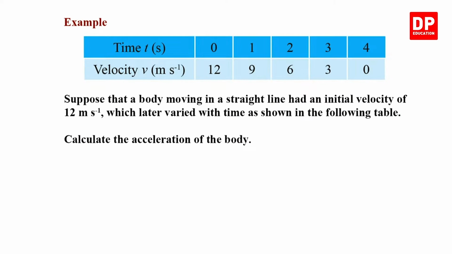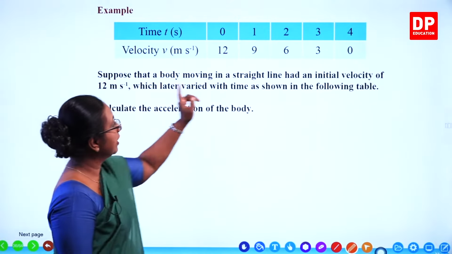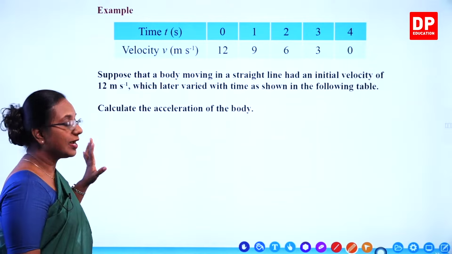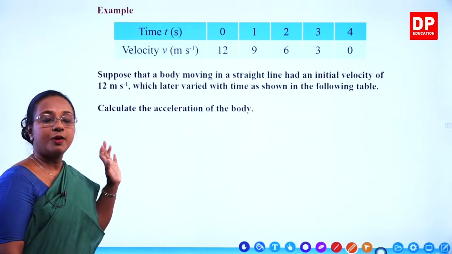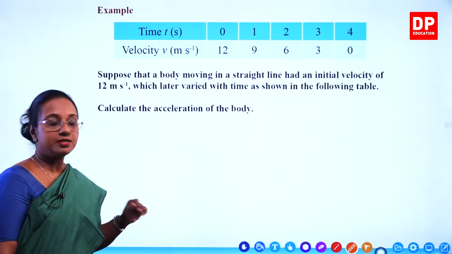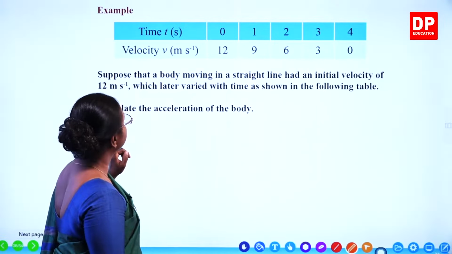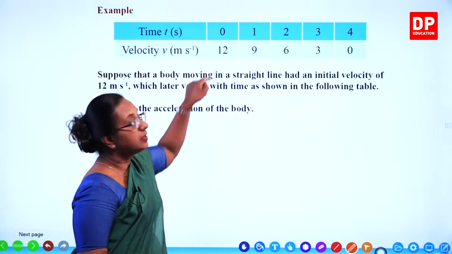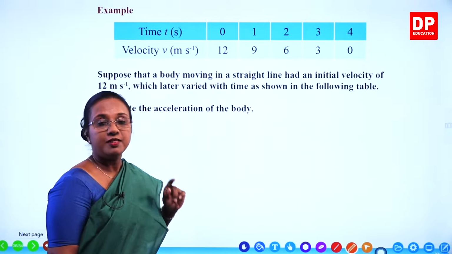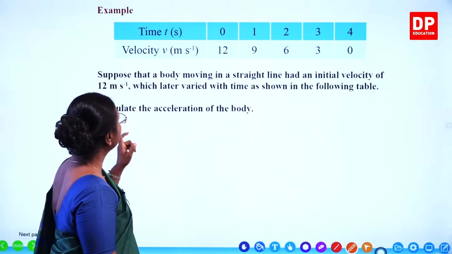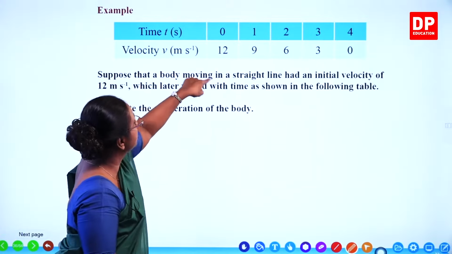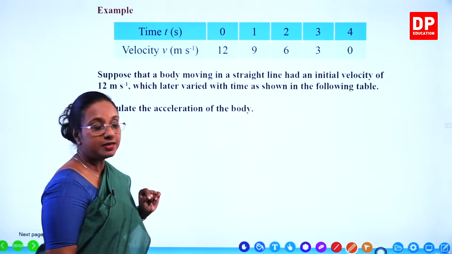So this is another example where there is a change in velocity. We saw what acceleration is, what uniform acceleration is. This is a different instance. Here you can see at the beginning of the travel itself, the object is moving with a velocity of 12 meters per second.